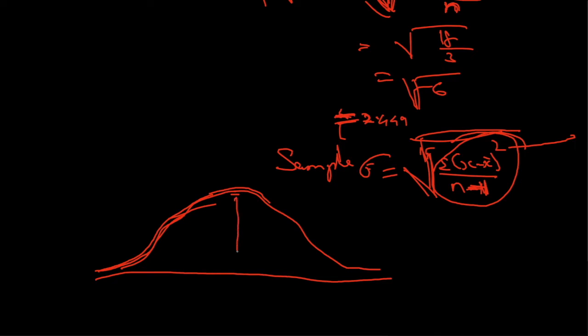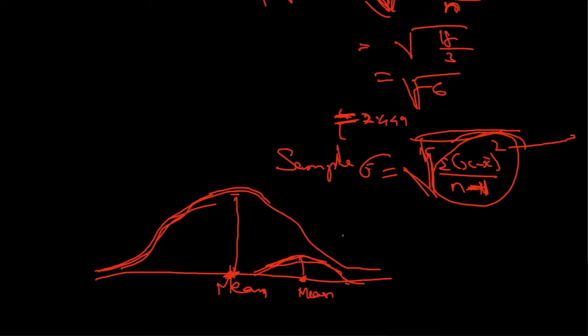This is the mean. Now when I go for a sample, imagine this is the sample I have taken, and this is its mean. Now you see there is a difference between my sample mean and the population mean. This difference is very huge, and the population mean is not even forming a part of my sample.